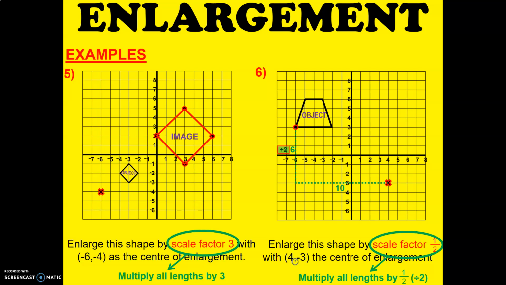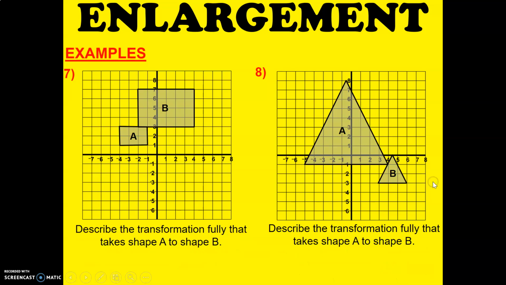So if that is the case, so this is 6 down, 10 to the right. So 6 divided by 2 is 3. 10 divided by 2 is 5. Okay? That's a new point. And then there you have our new image.